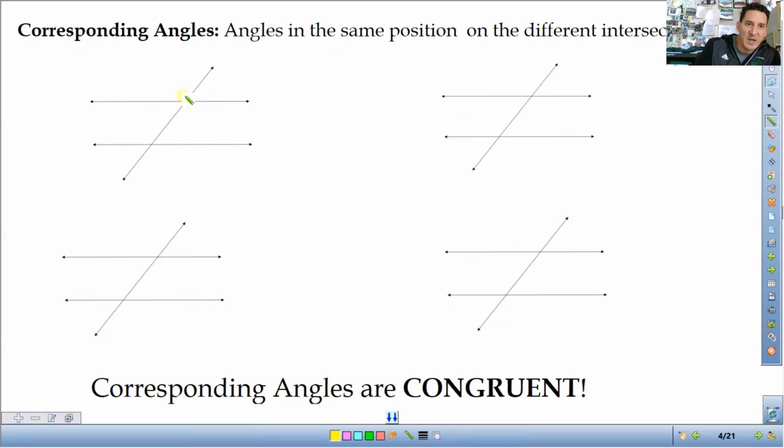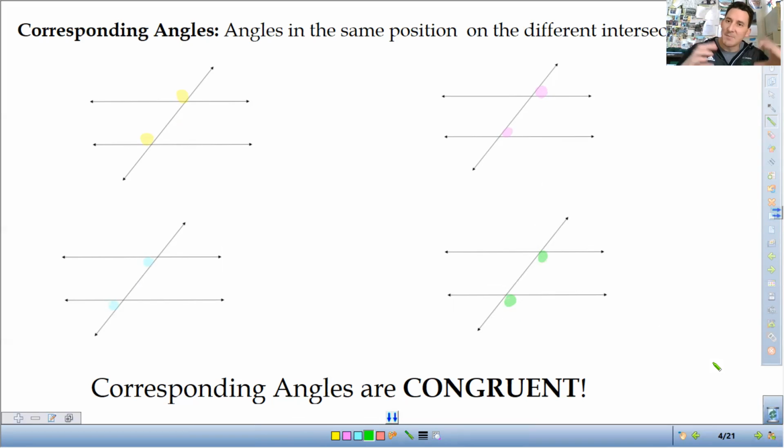This angle up here is in the top left corner of this intersection. That means the angle down here in the top left corner would be its corresponding angle. This one, top right corner, would be corresponding with top right corner here. Then we have bottom left and bottom left are corresponding, and then bottom right and bottom right are corresponding.